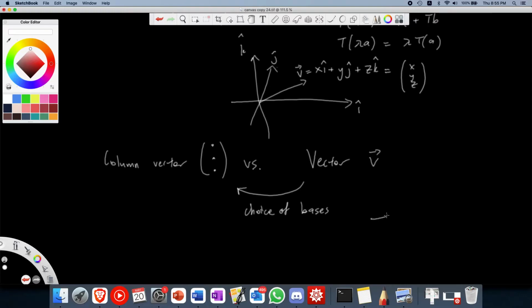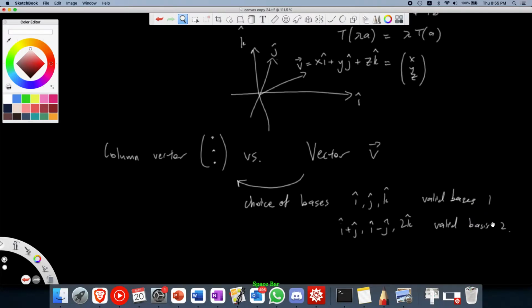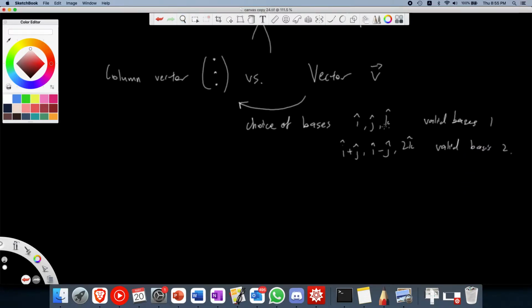One such example is i, j, k, which is valid basis 1, but there can be other valid bases as well, for example i + j, i − j, and 2k, which is another valid set of basis vectors, basis 2.